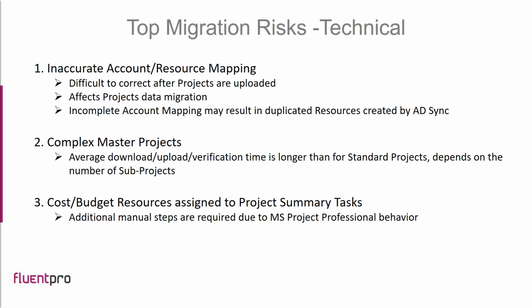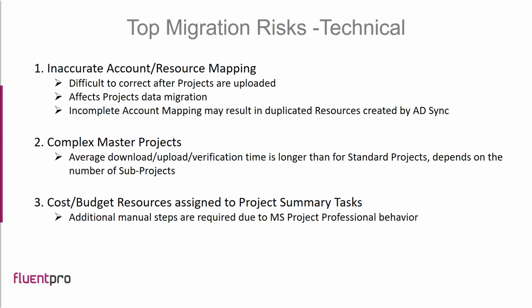What we observed is that average download, upload, and verification time is longer than for standard projects, and it really depends on the complexity and on the number of sub-projects in this master.